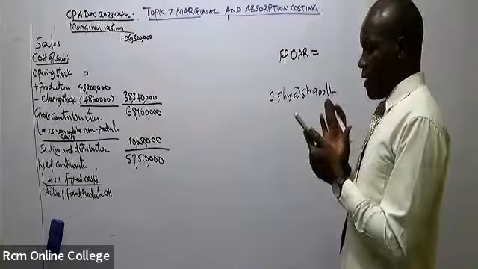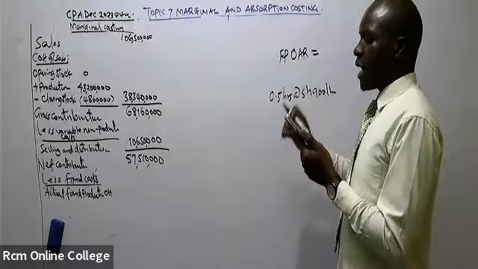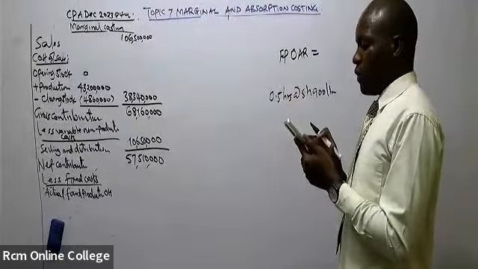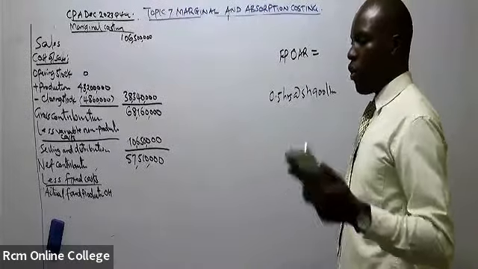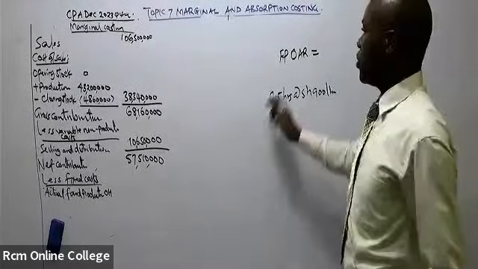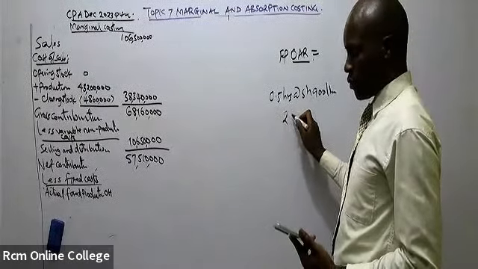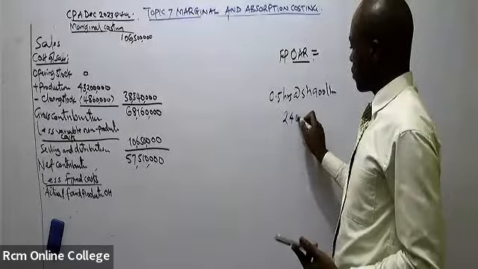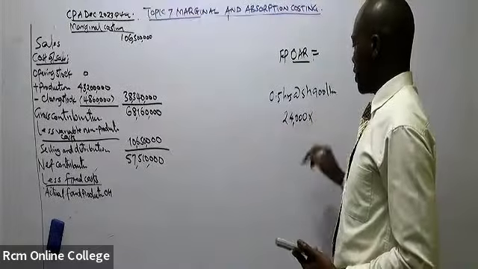Then information number 5, we are being told Meta Limited uses an expected activity level of 24,000 direct labor hours to compute the predetermined overhead rates. The predetermined overhead rate is this overhead absorption rate. Good. So total budgeted hours is 24,000.